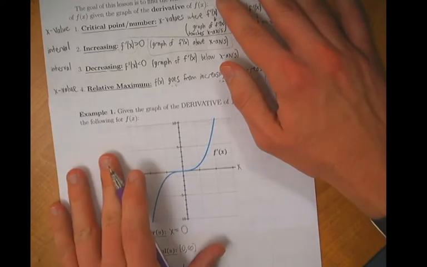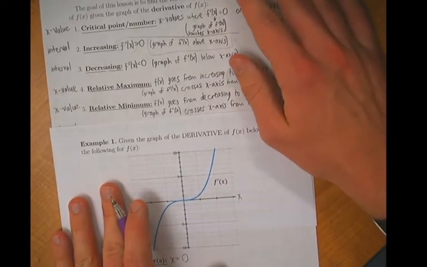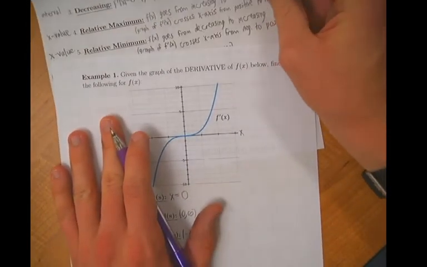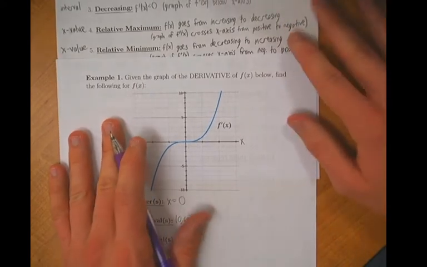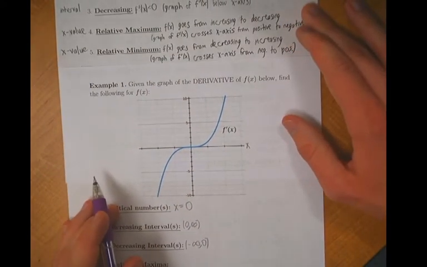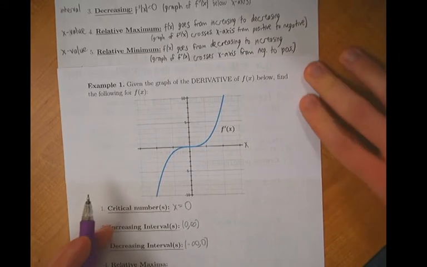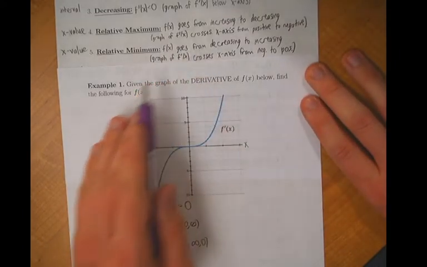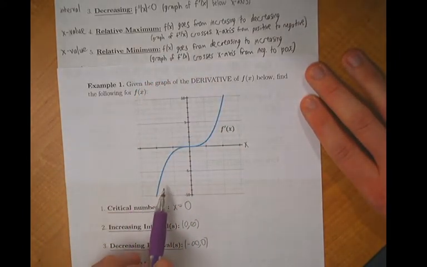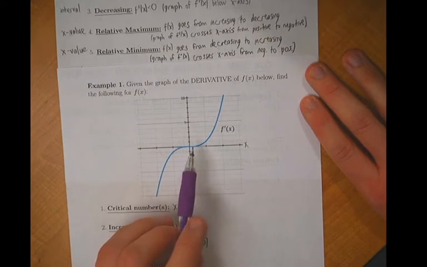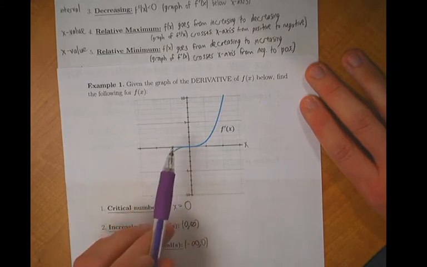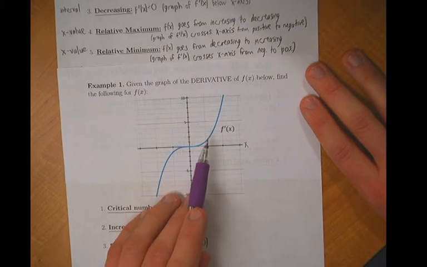Now let's move on to the relative extrema. With the relative maximum, the graph of f prime has to cross the x-axis from positive to negative, but with the relative minimum, it has to cross the x-axis from negative to positive.